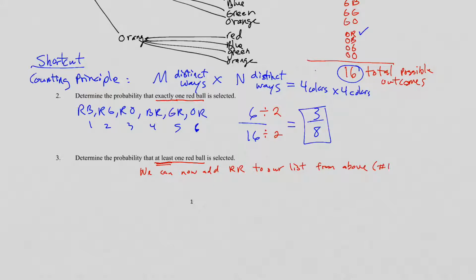I'm talking about number 2 here. So if we had 6 in number 2 that we just did, and we add the red, that means we're going to have 7. 7 over 16, and that cannot be reduced, so we are done.